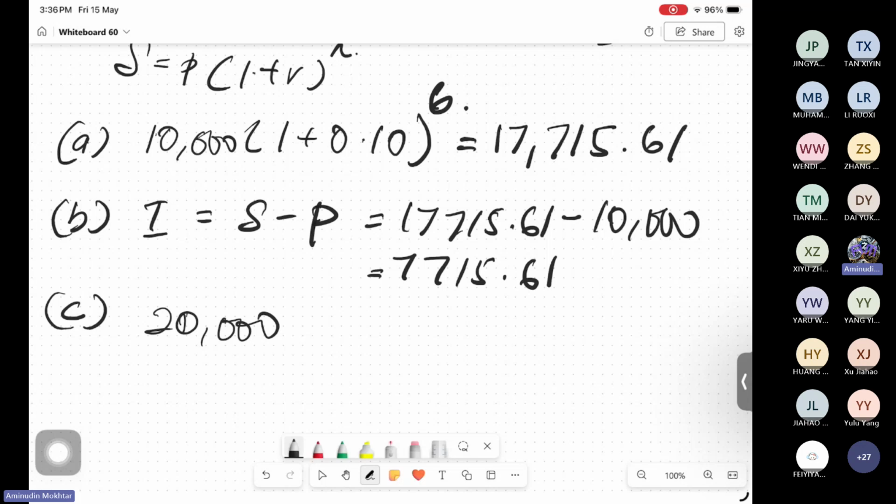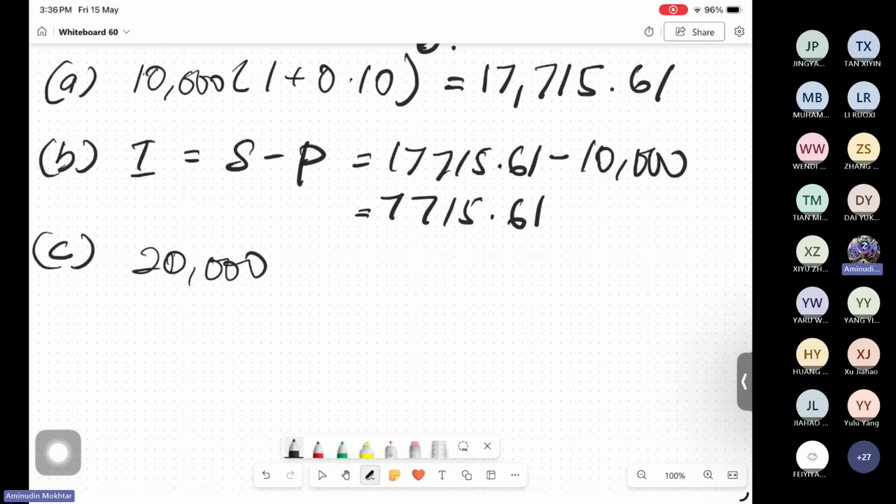In what year will the investment value increase to 20,000? How long do you have to wait in order to receive 20,000? That 20,000 is the future value of money. The present value of money is 10K.